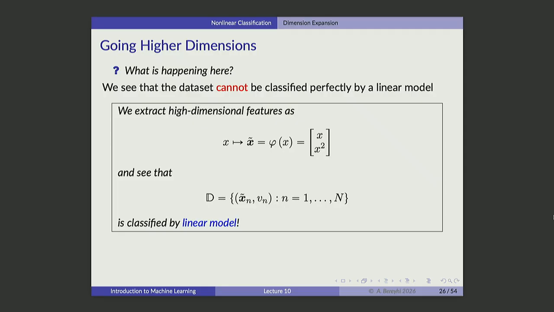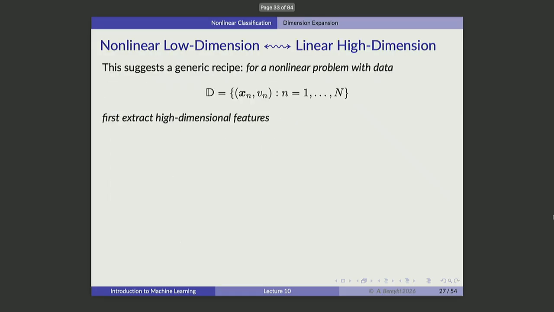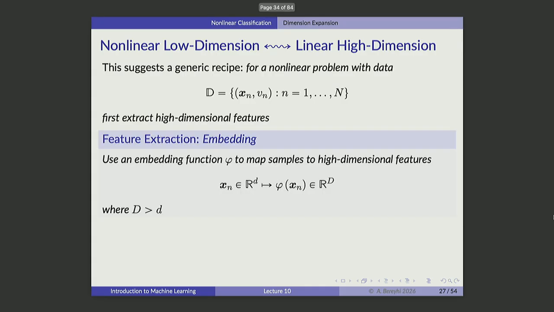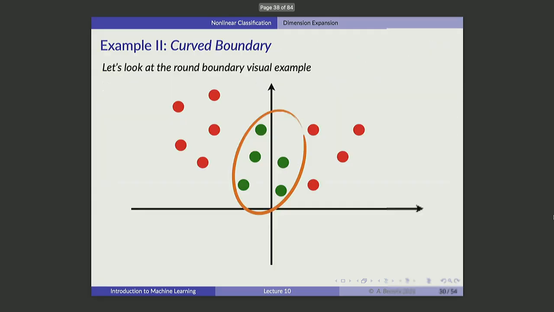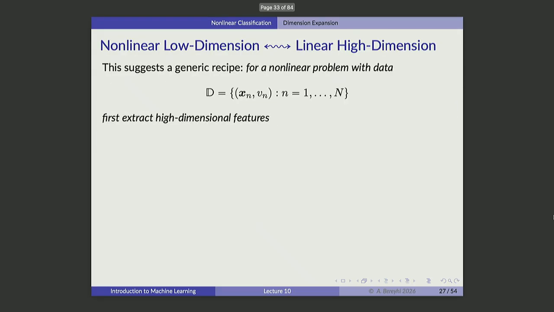No question? Great. So a nonlinear model in low dimension could be linear in higher dimension, and you can extend this idea to any problem. I'm going to explain it later.